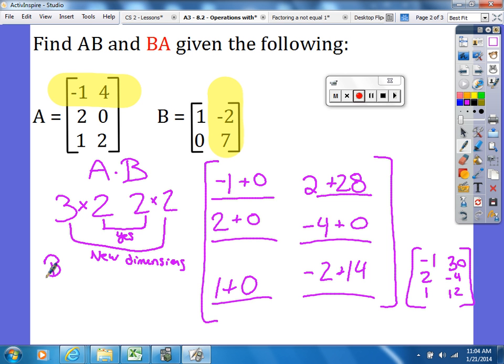B times A. You should always write your dimensions first. That will help you a lot. So the dimensions of B are a 2 by 2, and the dimensions of A are a 3 by 2. And what do you get to write? Not possible. And you're done. Any questions?